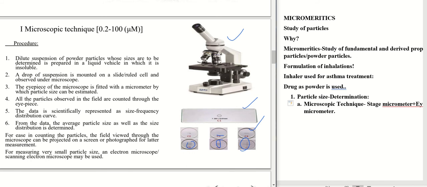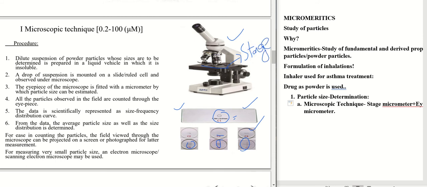Now this is the stage micrometer, and this is the area where we'll be able to see small scale divisions. One division is equal to 0.01 mm, right? Now this slide, known as the stage micrometer, is to be kept on this part of the microscope, which is known as the stage.